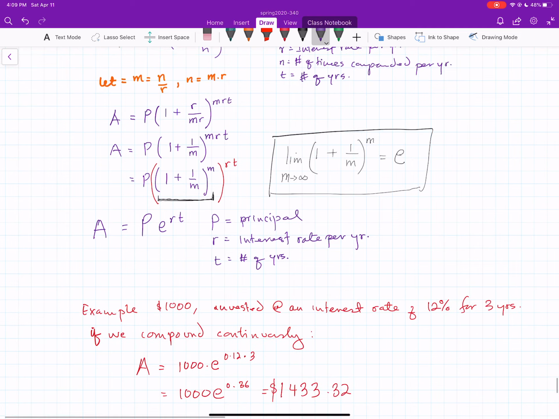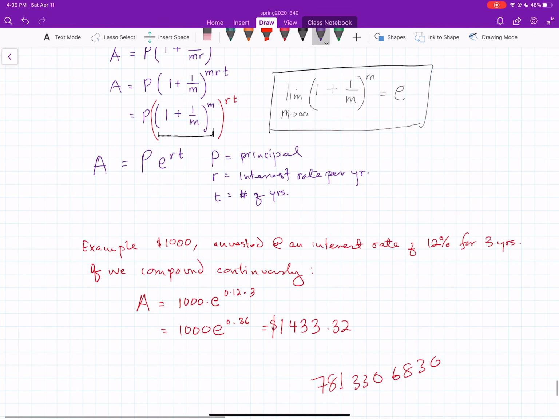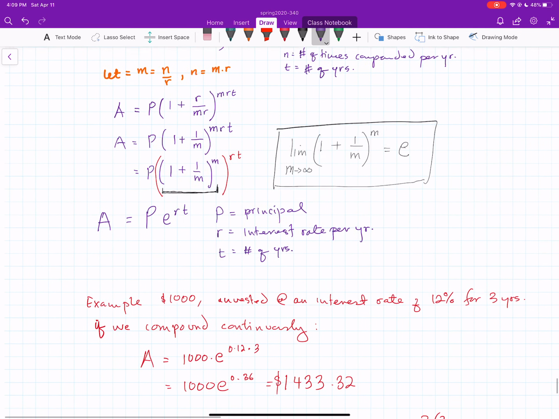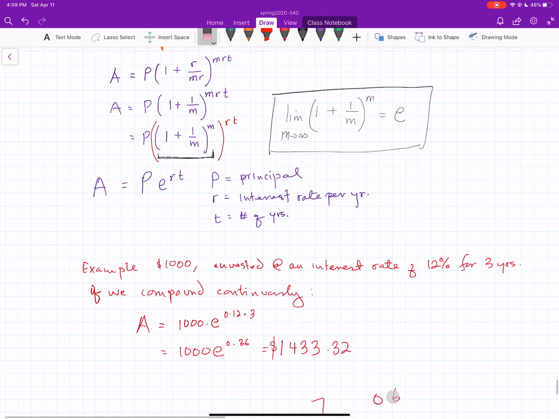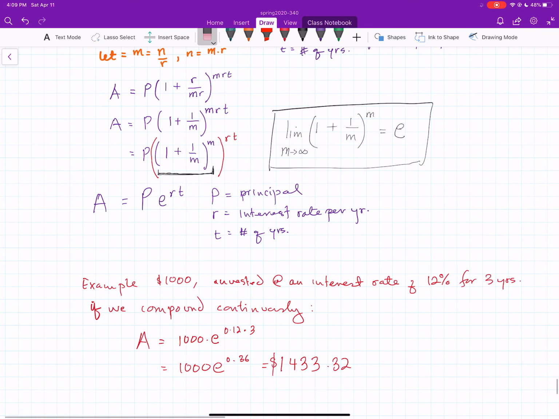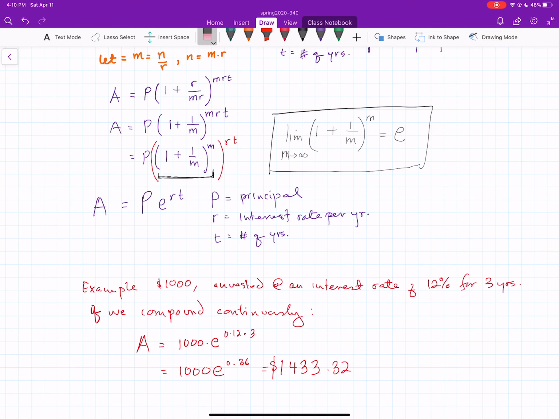So let's look at this example that I have over here. You have $1,000, you invested at an interest rate of 12% for 3 years.